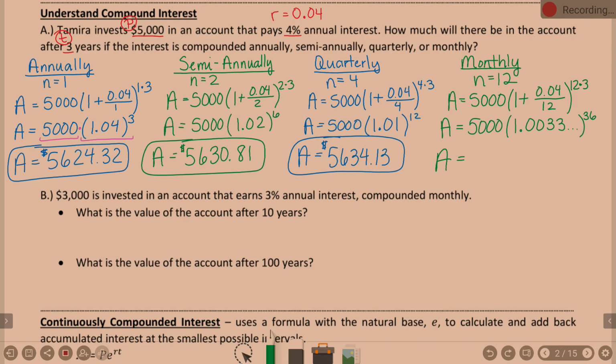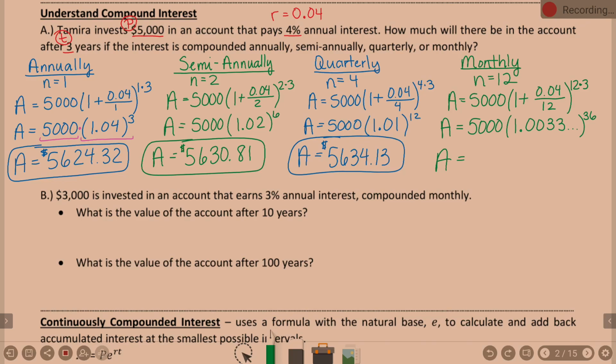What do I have to do with it? I have to raise it to the 36. So I would leave that on my calculator and use my exponent button, raise it to the 36. Now I have that lovely 1.127271875 number. I'm going to leave that on my screen, and then times 5,000.